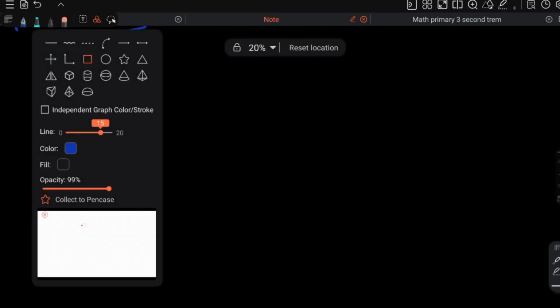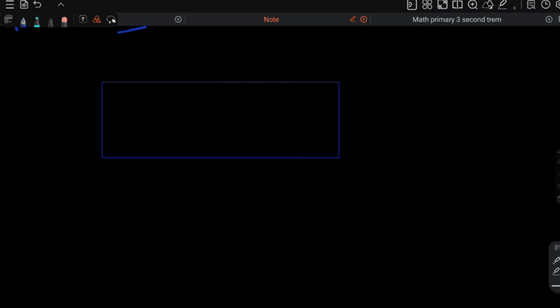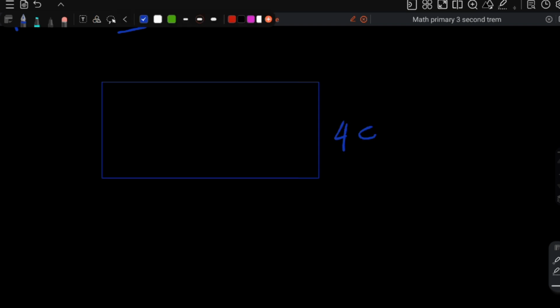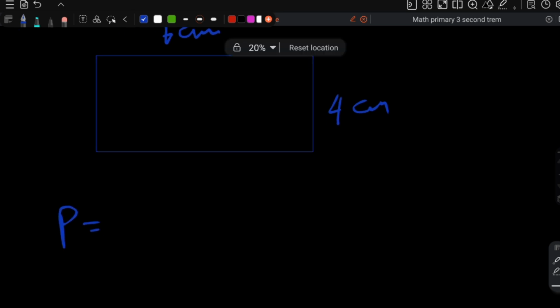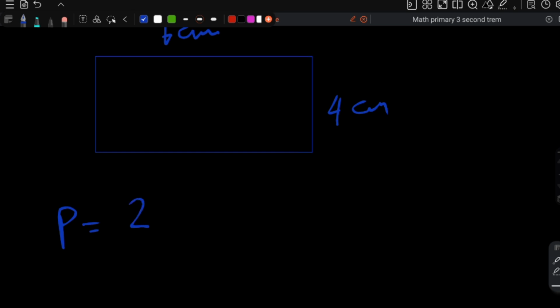So if you have this rectangle, I will draw it again. This one is 4 centimeters and this one, let's imagine, 7 centimeters. I told you to find the perimeter. Remember the rule: 2 times length plus width.